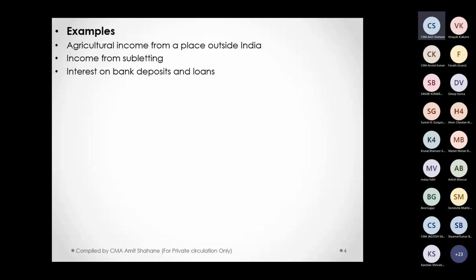So in that case, it is always advisable that you go by the bank. Rather than doing the interest calculation on your own, you should always take the interest certificate from the bank, and basis that only you should offer that income. Whether the TDS is deducted or not, you should go by the bank interest certificate, and accordingly offer the income.